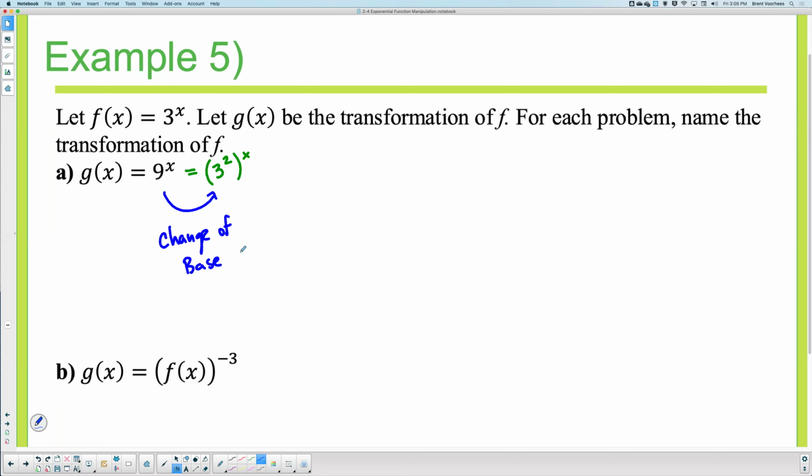Now, if I'm changing the base, this will not follow the exponential definition. It won't be a horizontal translation here. It won't be an adding of x's, but this would rather be multiplying. So you can multiply those two together there, and I would say this is 3 to the power of 2x. So 3 to the power of 2x, that does have a transformation from 3 to the power of x. I am multiplying by that 2, and that 2 is on the inside, therefore it is horizontal.